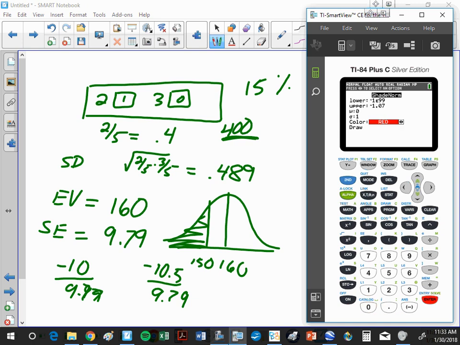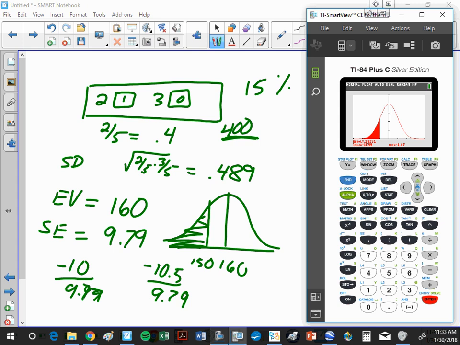So with the edges, we ended up with 14.2. Oh, okay. That's the distance from our desired value and the expected value. 150 is 10 away from 160, and it's on the left. That's where the negative 10 comes in.